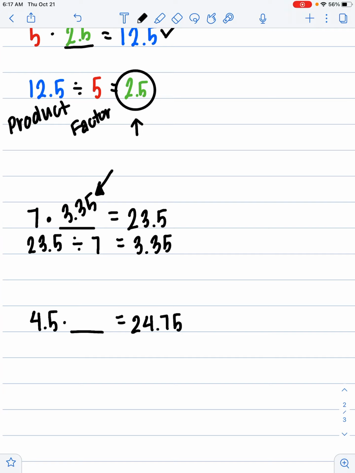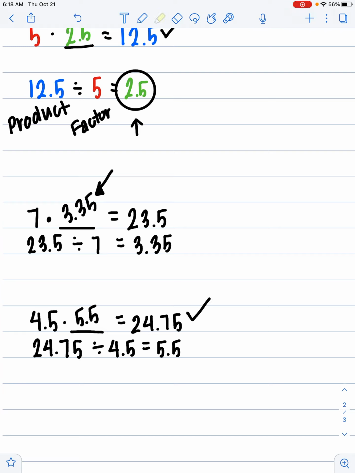And when I ask this question, you should be pausing the video to work it out on your own. So I want to divide 24.75 by 4.5, and I end up with 5.5. And if I check my work and multiply, 4.5 times 5.5 does equal 24.75.